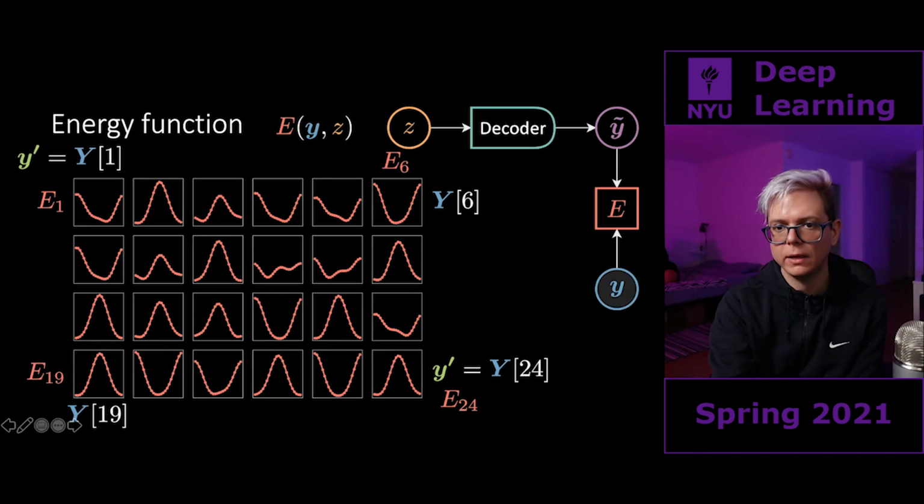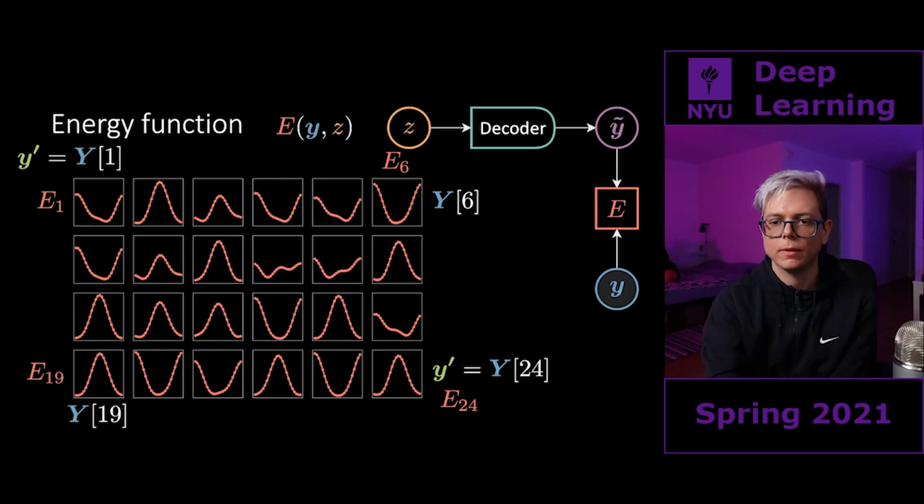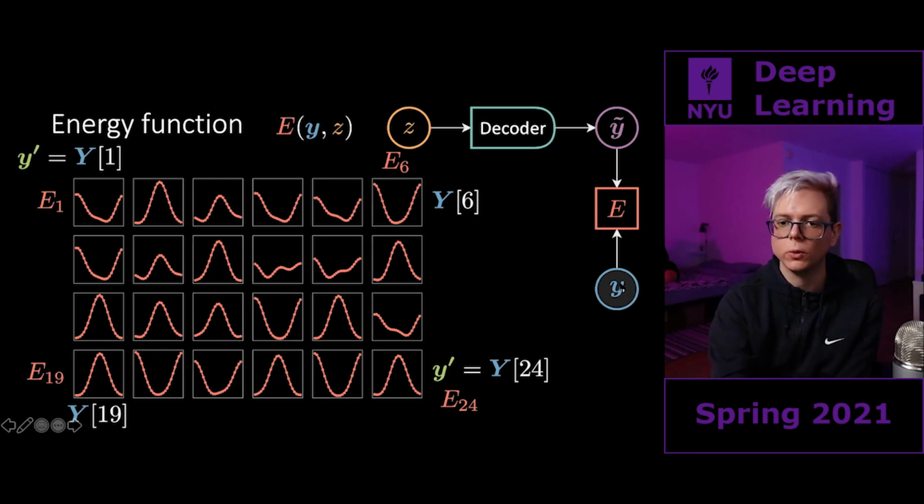So this whole thing comprises my energy-based model. Here we just give some structure. We split this big energy-based model as a decoder, which is decoding my latent into a guess, y tilde, and then I compute the squared Euclidean distance in order to have the energy. But it doesn't have to be like that. That's just an option, a possibility.